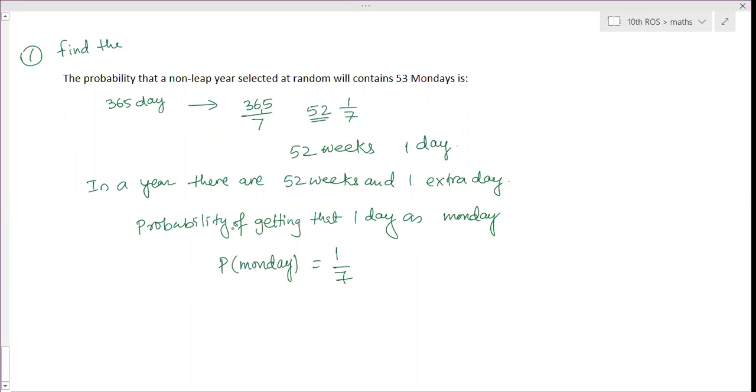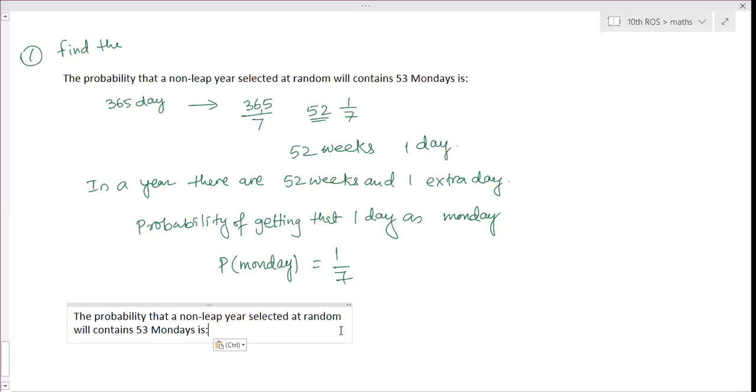This was for a non-leap year. The same thing, they will ask for a leap year. Then it is 2/7, yes.